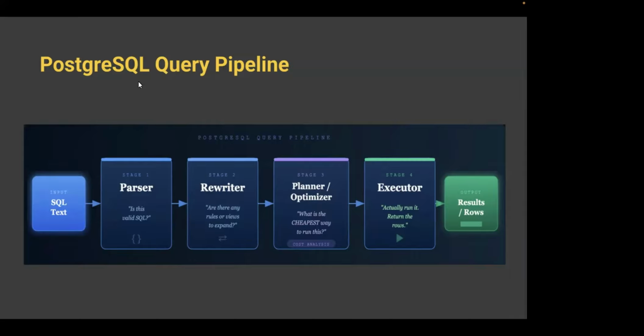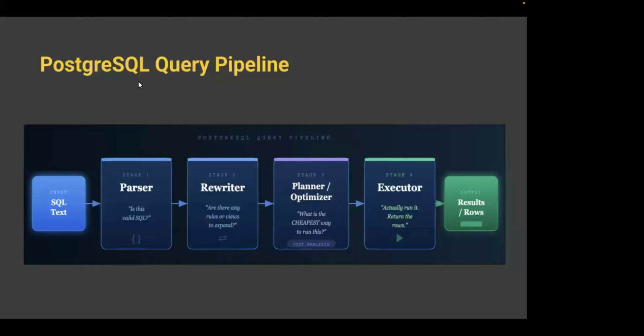It just makes sure that the grammatical and syntactical structure is correct for the query, and then it passes the output to the rewriter. The rewriter is basically there to replace any view in the query with the underlying query, and also if there are any row level security policies implemented, it will inject those policies here.